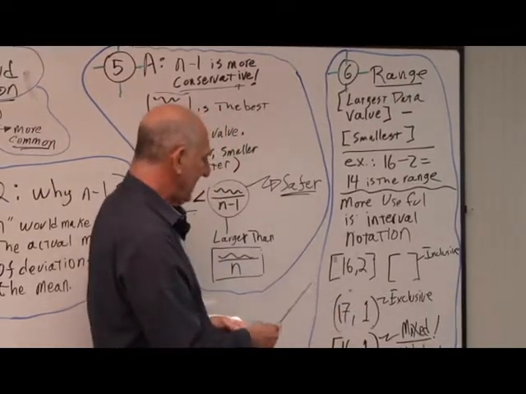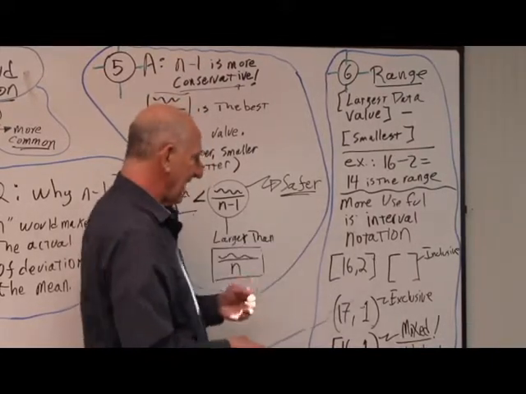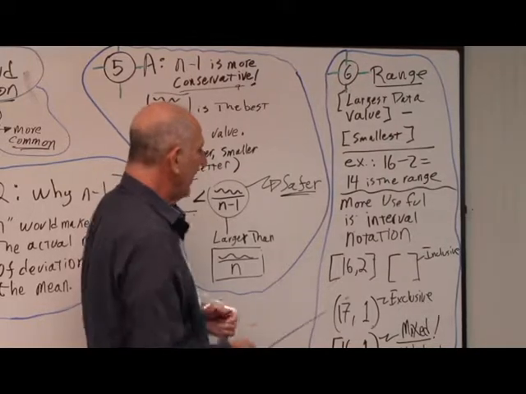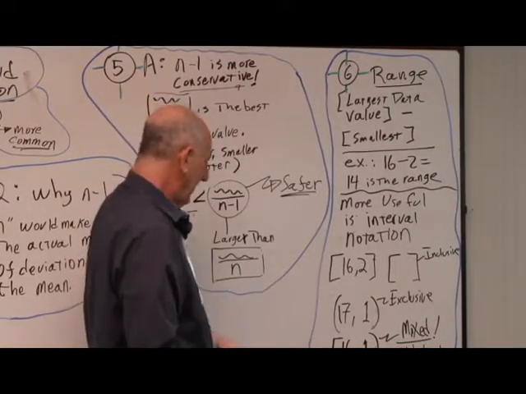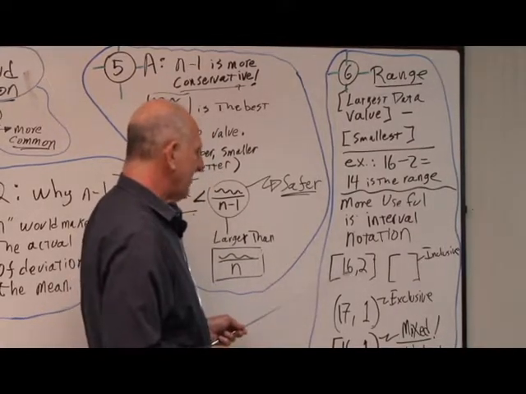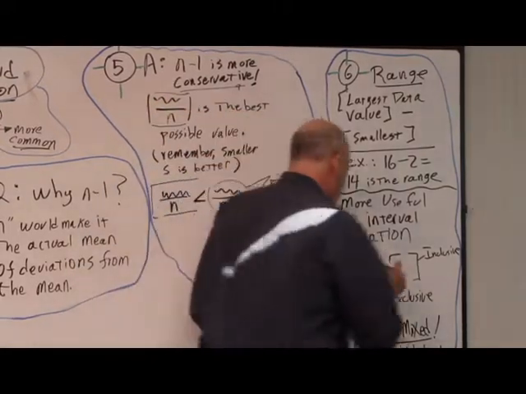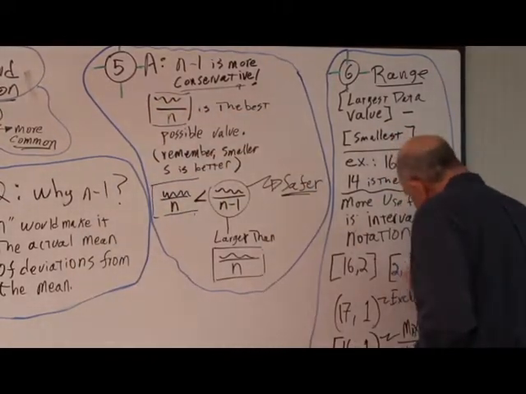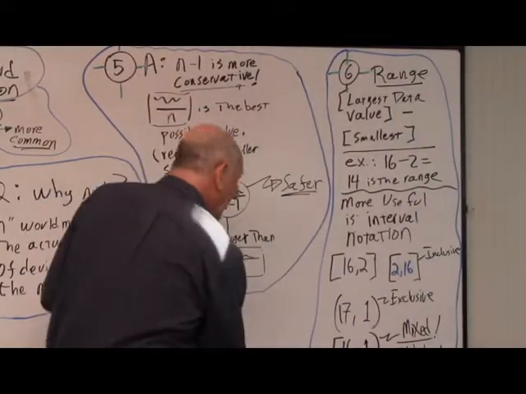So 16 including the number 16 to 2 is the range of the data including the number 2. And so this not only tells you the smallest and largest values of the data, it also allows you to say, well, 16 minus 2 is 14, and that's the range. You could also write this, no problem, 2 comma 16. Means the same thing. The range is still 14.